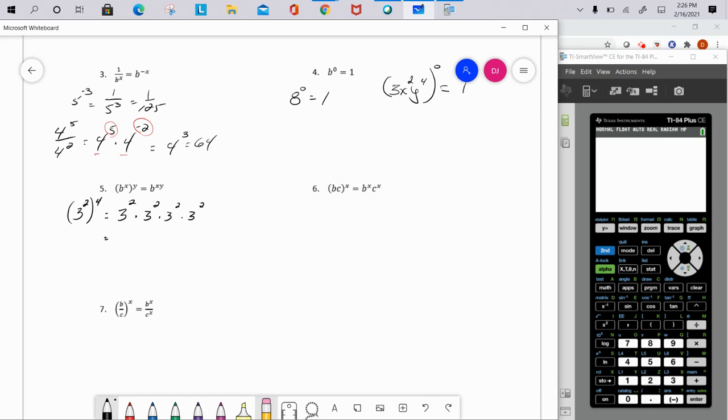And at this point, I suppose I could just say, oh, that means I'm going to add the exponents. 2 plus 2 plus 2 plus 2 is 8. Or I can also take that a little farther. 3 squared is 3 times 3, four times over. 1, 2, 3, 4, 5, 6, 7, 8. That's 3 to the 8th power.